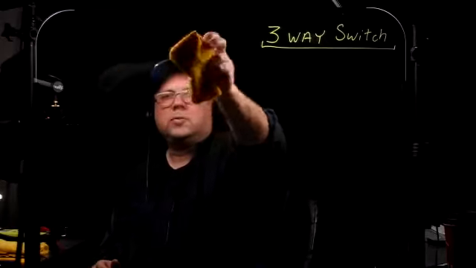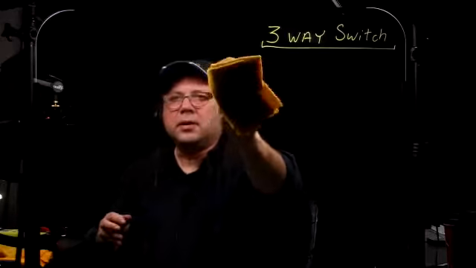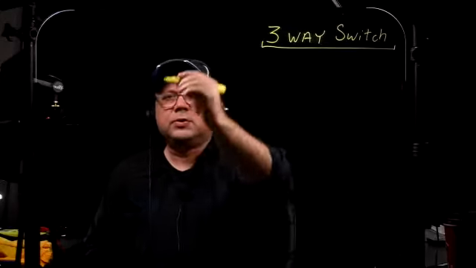Now, that will be the single pole switch. Now, we're going to deal with the three-way switch. How many terminals will it have, except for the ground? It's going to have three. So, a three-way switch looks like this.